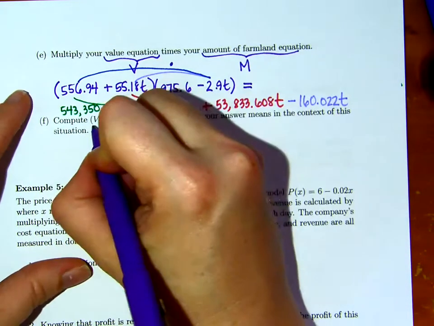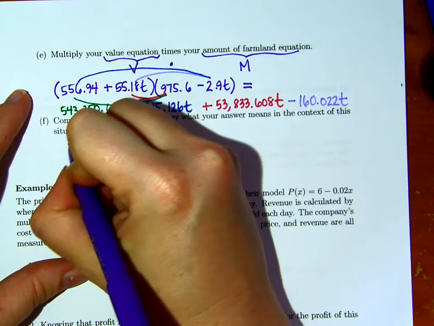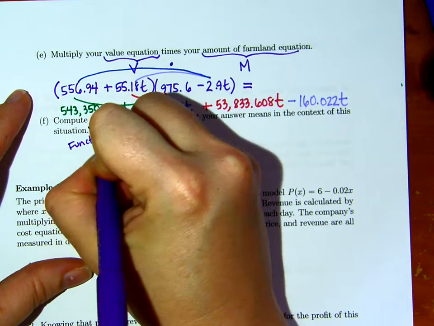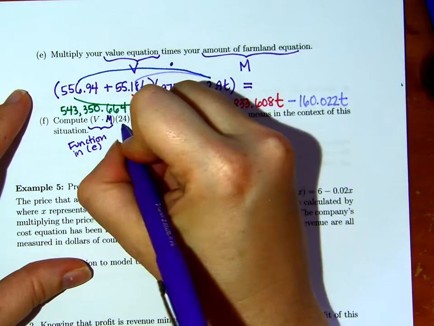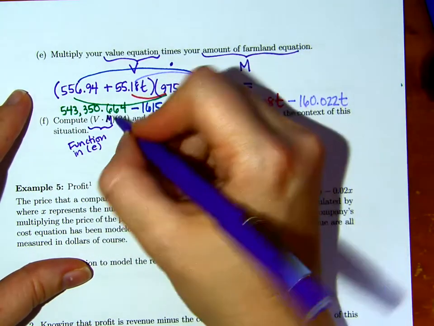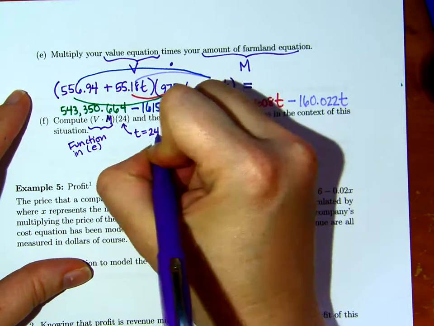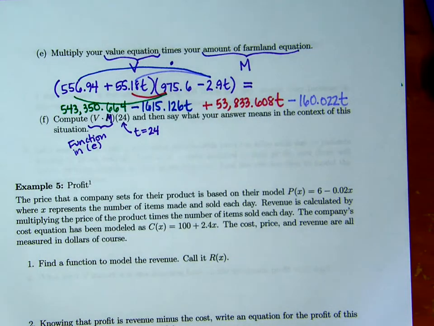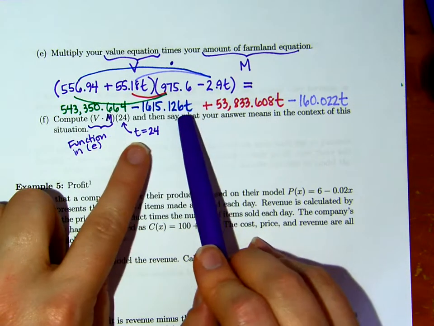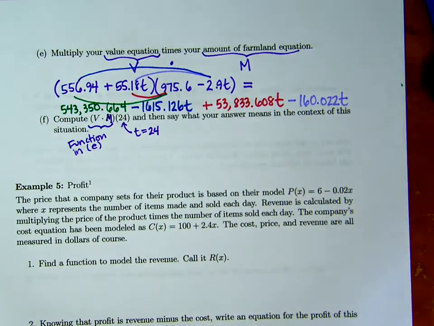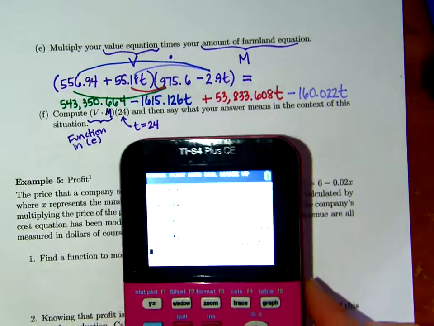So here, I'm noticing this is our function from part E, and this is where T equals 24. And then say what the answer means. I am quite literally going to punch this whole thing in and put in a 24 every time I see a T.